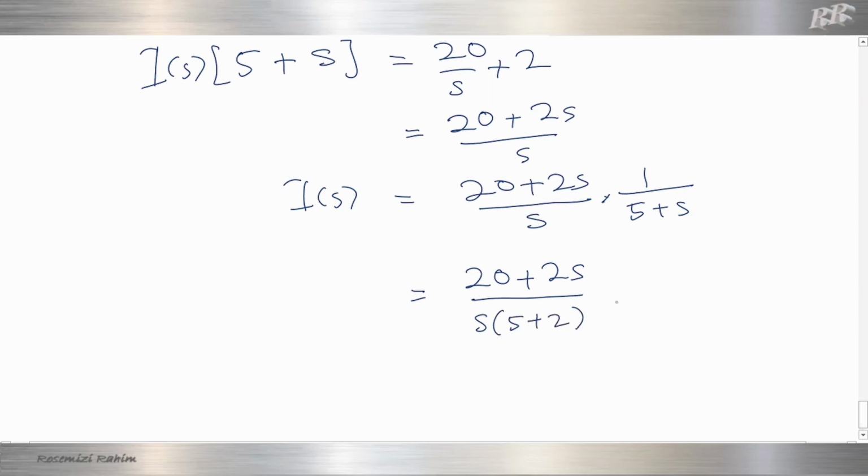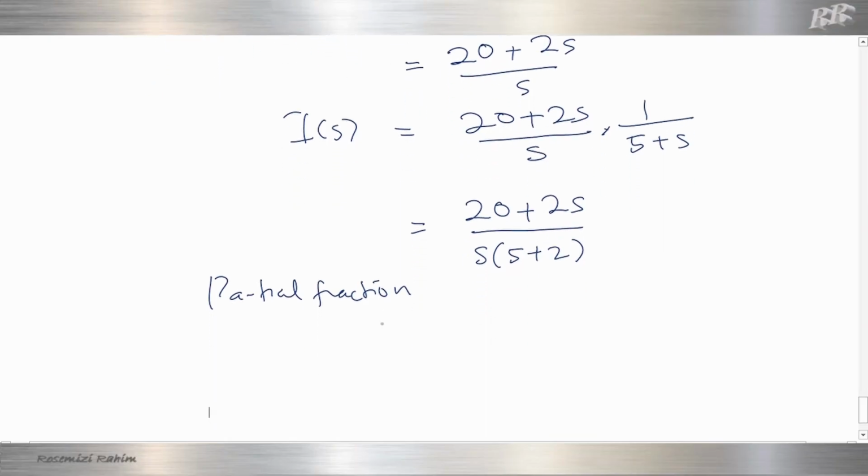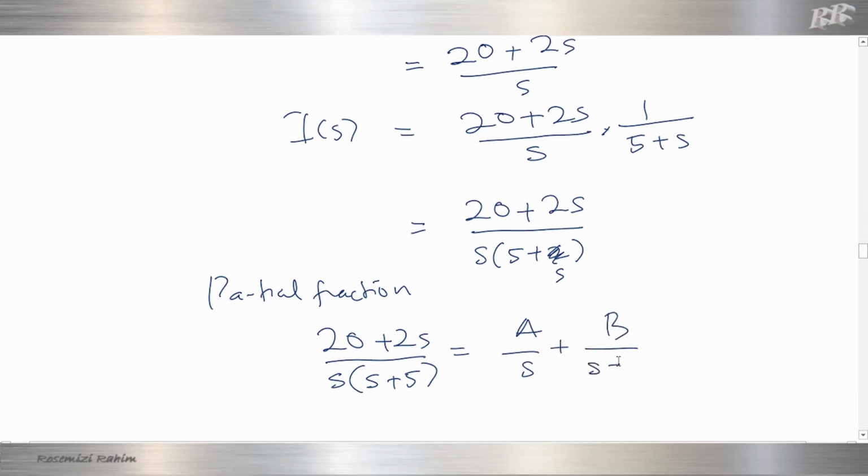Now we can do partial fraction decomposition to solve this. (20 plus 2s) over s(s plus 5) is equal to A over s plus B over (s plus 5).